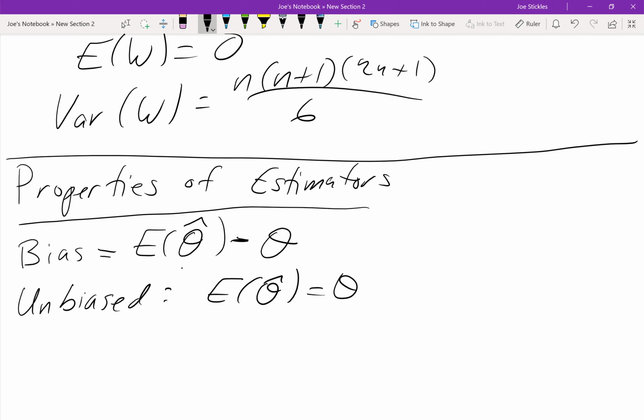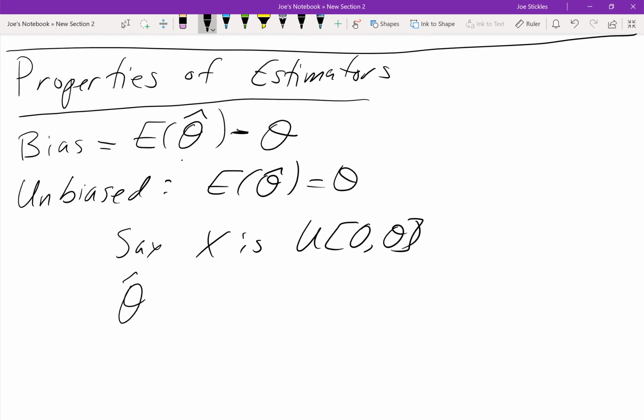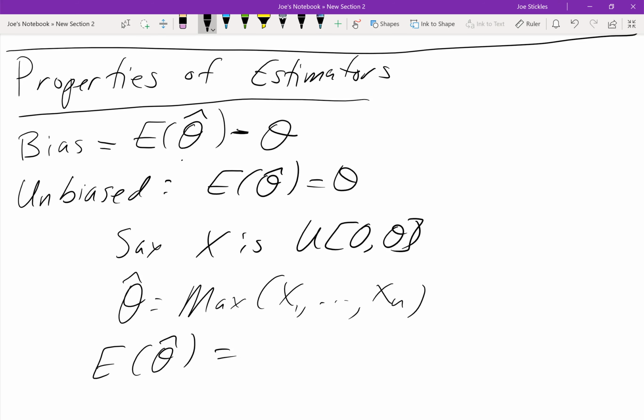As an example, let's say that x is uniform on 0 to theta, and your theta hat is the maximum of x1 out to xn. Then you can show that the expected value of theta hat is actually n over n plus 1 times theta.